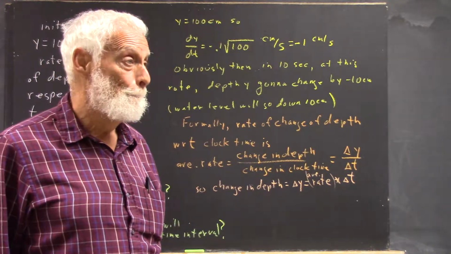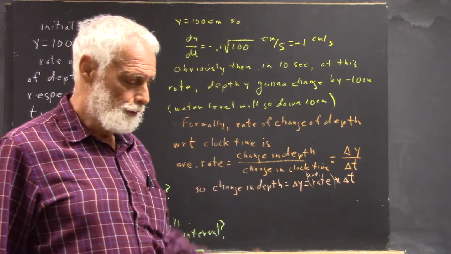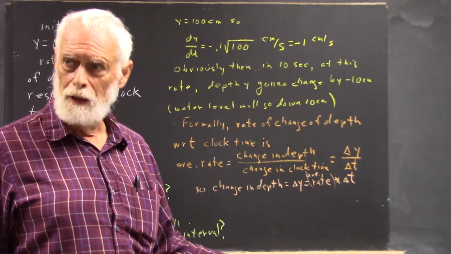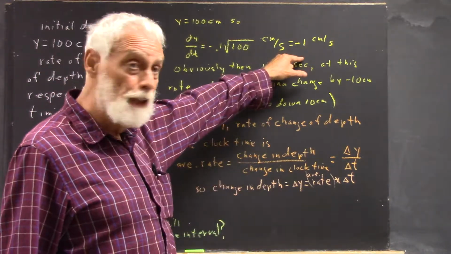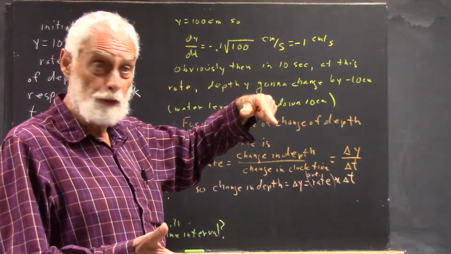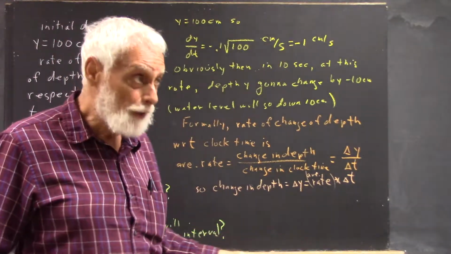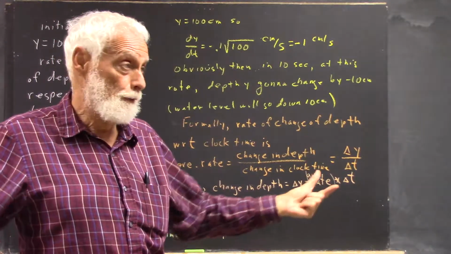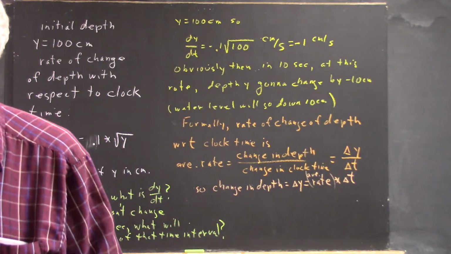There are ways to get around that. For example, you can say, okay, well, we think that's going to be 90 centimeters, but we know it's really not going to be. If it was 90 centimeters, then the rate would be -0.9 centimeters per second. So let's average the two, go back and recalculate, and find out that we only go down 9.5 centimeters. Now, if you understood that, fine. If not, it's okay. Right now, if you just understand this, it's great.